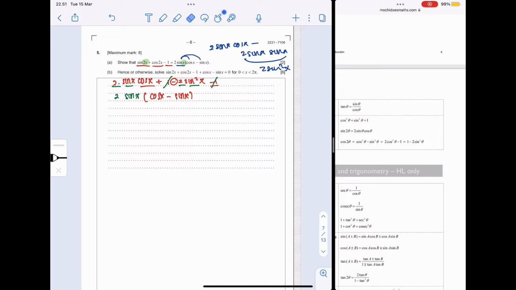For part B, if there's the word hence on it, it means you need to use your previous answer from part A to help you find the solution for part B. If you do notice, the problem here is the same as your problem before.